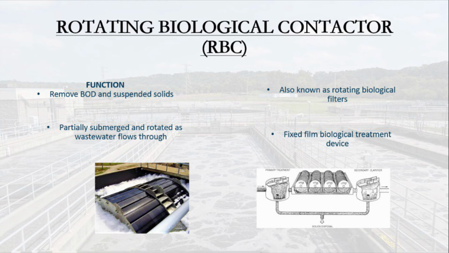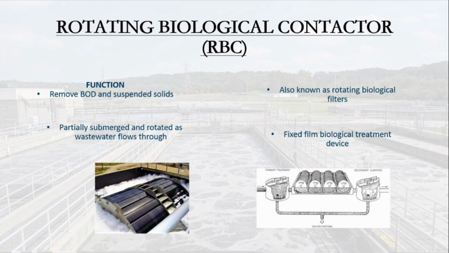Rotating biological contactor is an attached growth process consisting of a series of closely spaced parallel discs mounted on a rotating shaft which is partially submerged in the wastewater being treated. Microorganisms grow on the surface of the discs where aerobic biological degradation of the wastewater pollutants takes place.